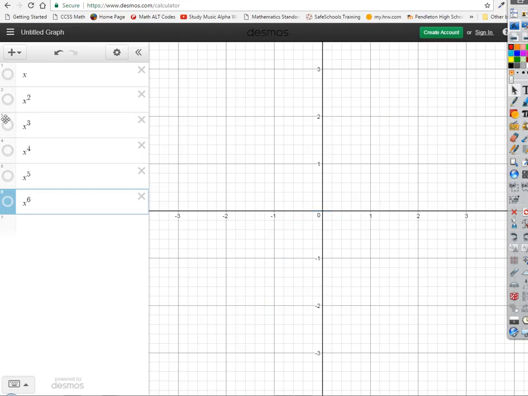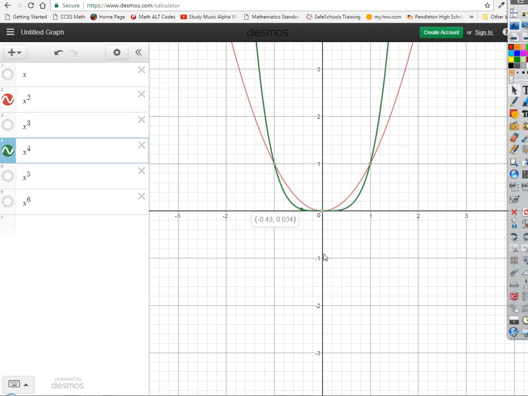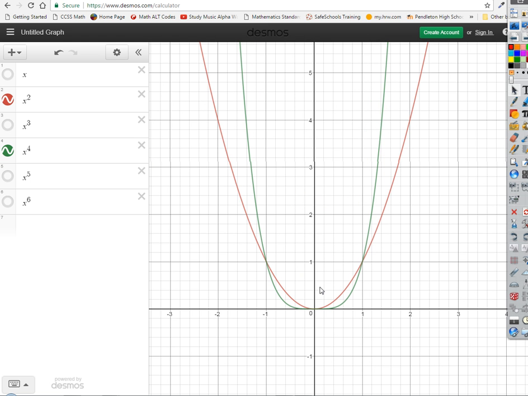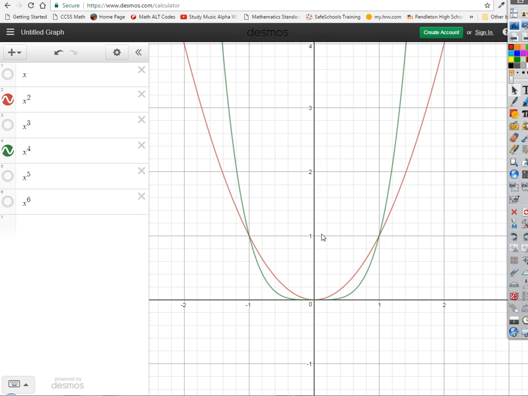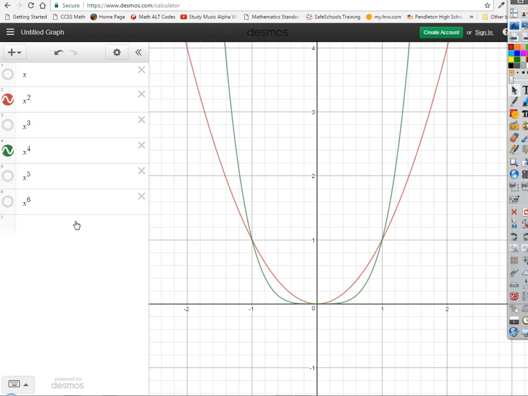Well, let's compare x squared to x to the fourth. Pretty similar, right? Everybody agree? Okay, what's another row on there that might look similar to those two? X to the sixth. Okay, what's the trend? What's it doing?